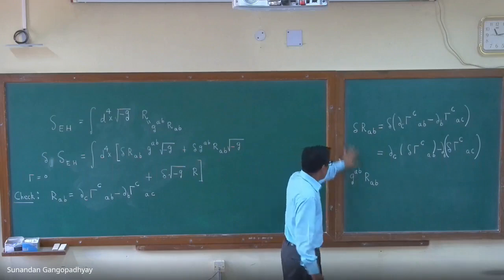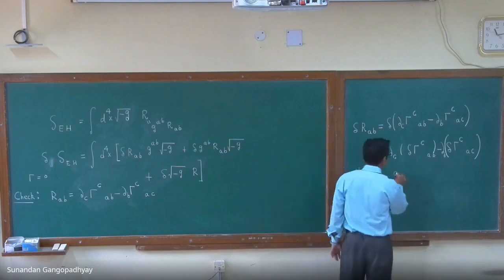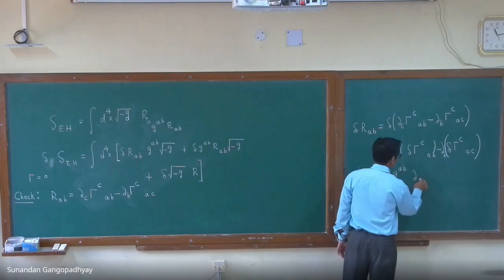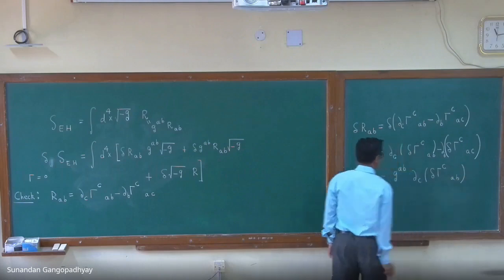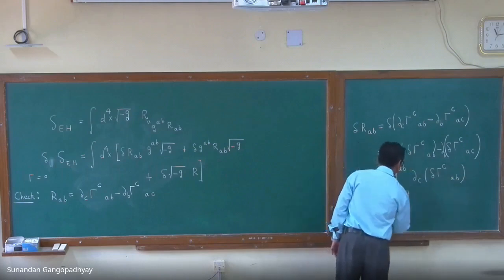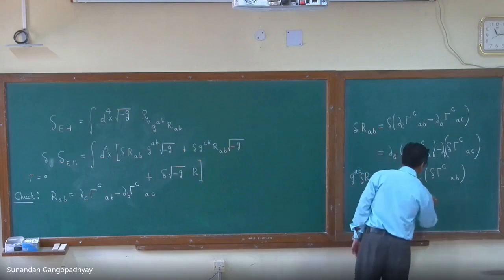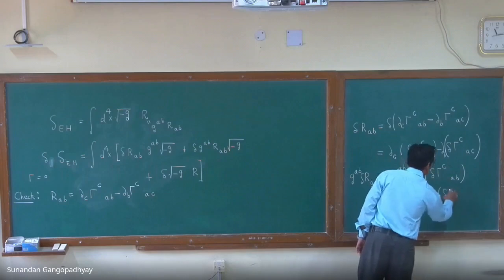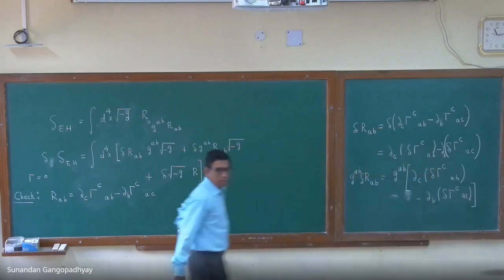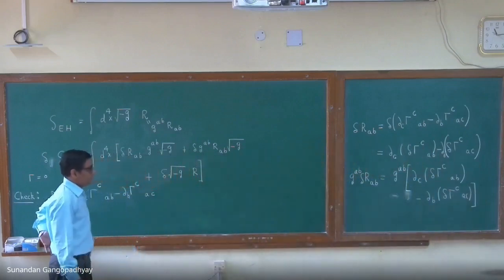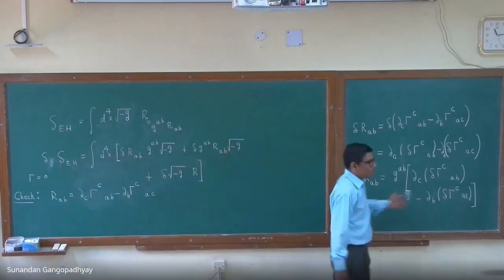So if you multiply G^{AB} by this delta R_{AB}, what you will get now is G^{AB} minus... So what we have done is plain and simple multiplied by G.